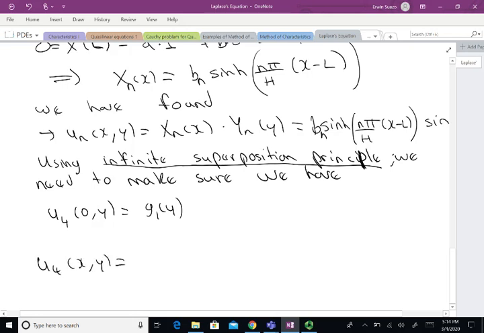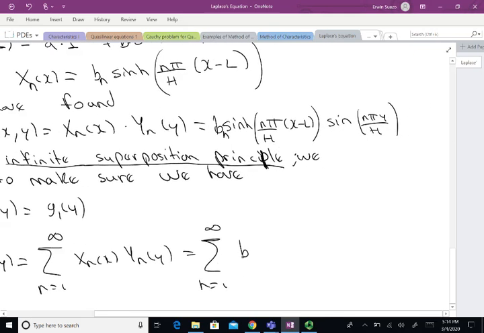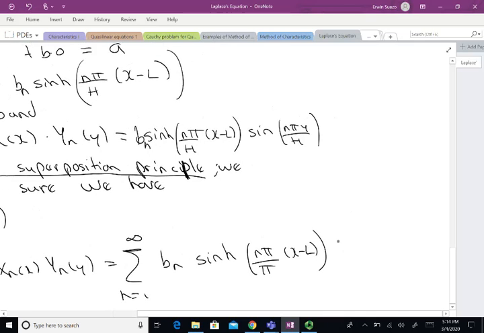So when we choose u(x,y) as the infinite sum from n equals 1 to infinity of X_n of x, Y_n of y, equals b_n sine hyperbolic n pi over h (x minus L) times sine n pi y over h.